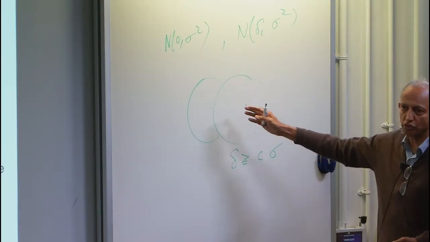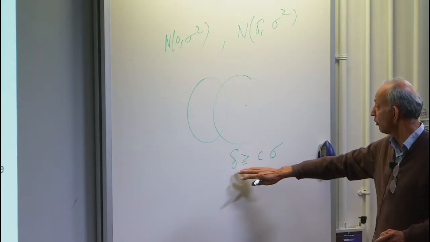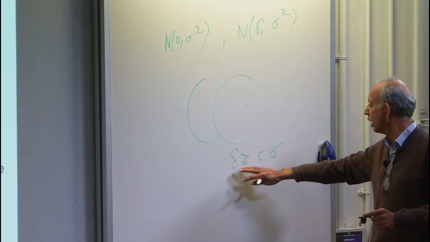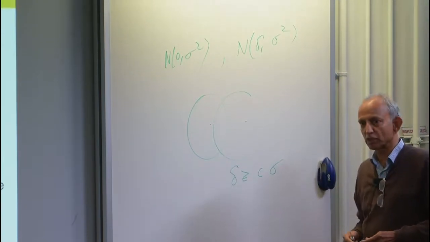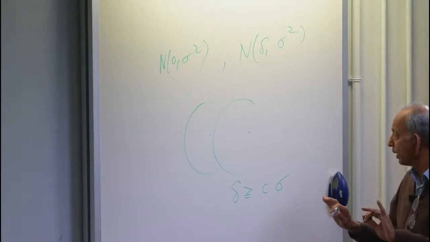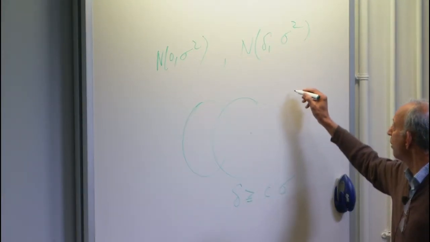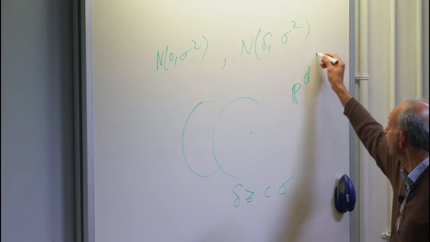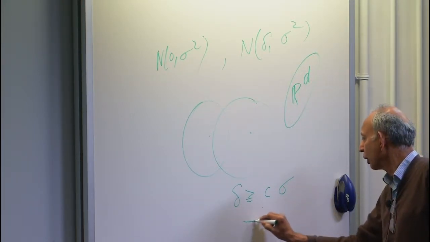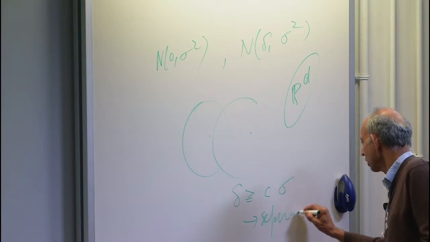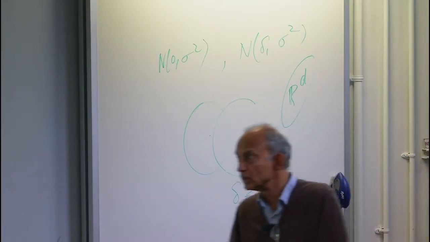For two Gaussians, it's completely trivial that, intuitively, the mnemonic is if the inter-center separation is at least a few standard deviations, where the few does not depend on the ambient dimension d, and d can be very large, then you can separate them. You can cluster and separate them.